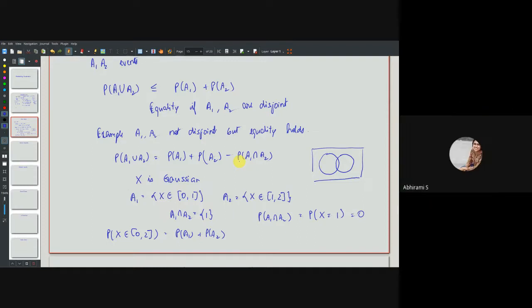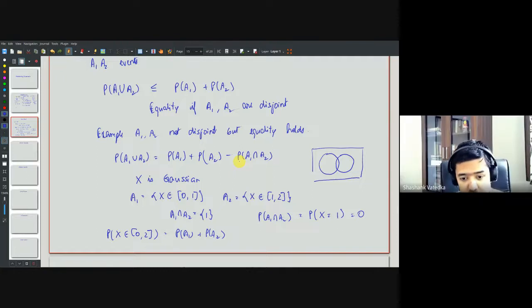So, sir, whatever you asked, that equality should hold even if they are disjoint events, is that applicable only for continuous random variables? No, not necessarily, right? You could always define an experiment where certain events take probability equal to 0, right?